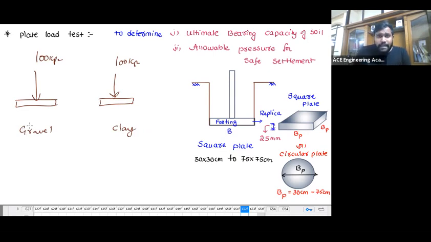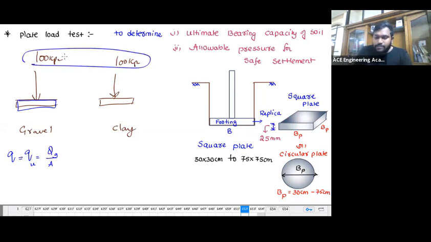And when the bearing capacity is more, do you require less area or more area? See, what is a bearing capacity? Ultimate, whatever the load by area. So you know that the gross pressure is nothing but ultimate bearing capacity, whatever the gross load by area. You observe the load is the same in both the cases.